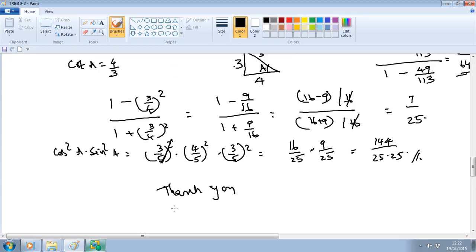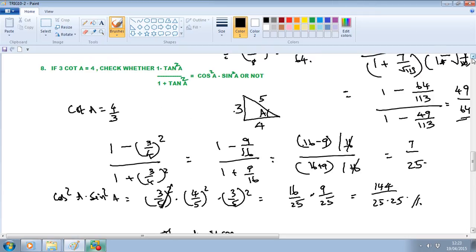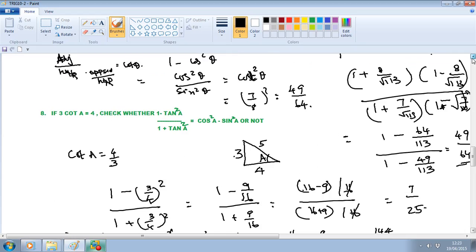Now, just to sum up the whole problem: in trigonometric ratios, we try to find out the value of sine, cos, or tan of the angle. We try to construct and find out the value of either the hypotenuse or the other missing side. Whatever ratio we want, we can work out. You just apply the formula, Pythagoras theorem, to find out the third side, and we compare with the standard equations.